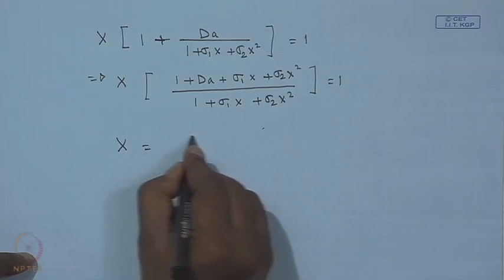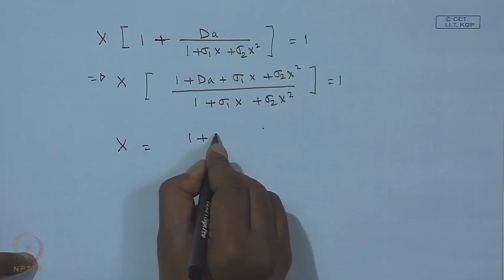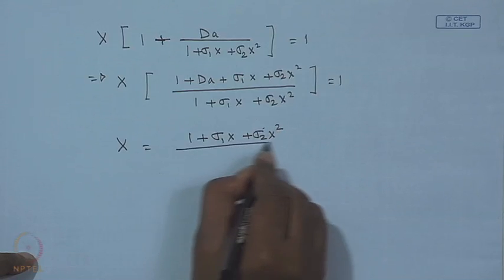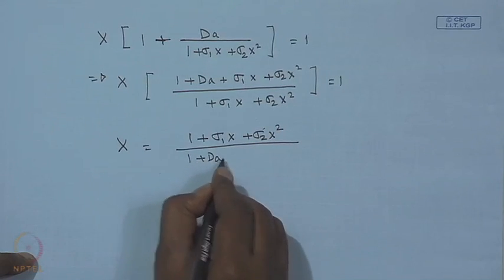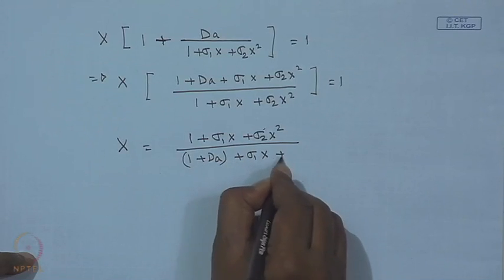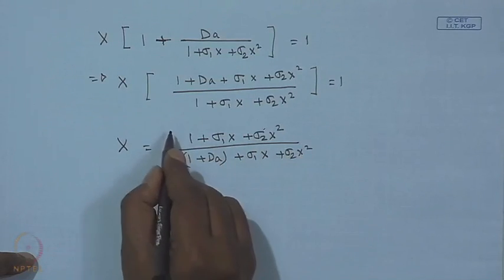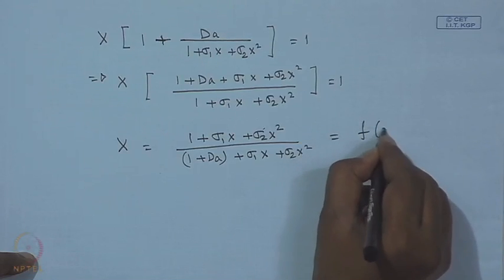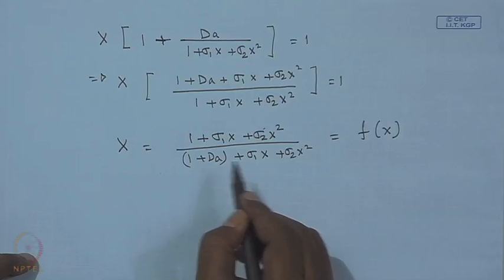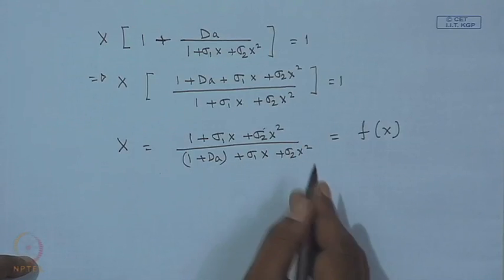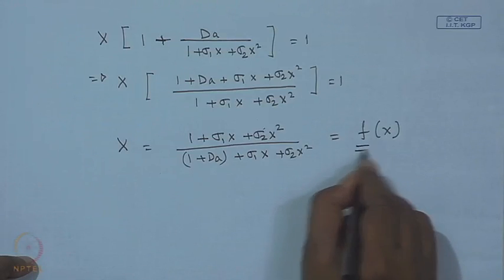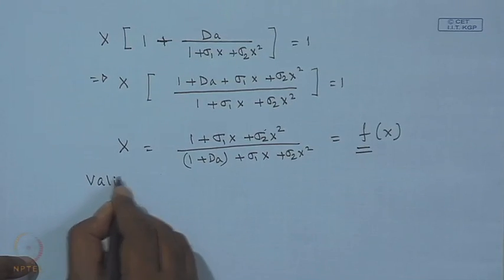So, x is equal to 1 plus sigma 1 x plus sigma 2 x square divided by 1 plus Da plus sigma 1 x plus sigma 2 x square. So, this is the form x is equal to f(x), where f(x) is given by this expression. Now let us look into the validity of this map f, so let us check the validity of map f.